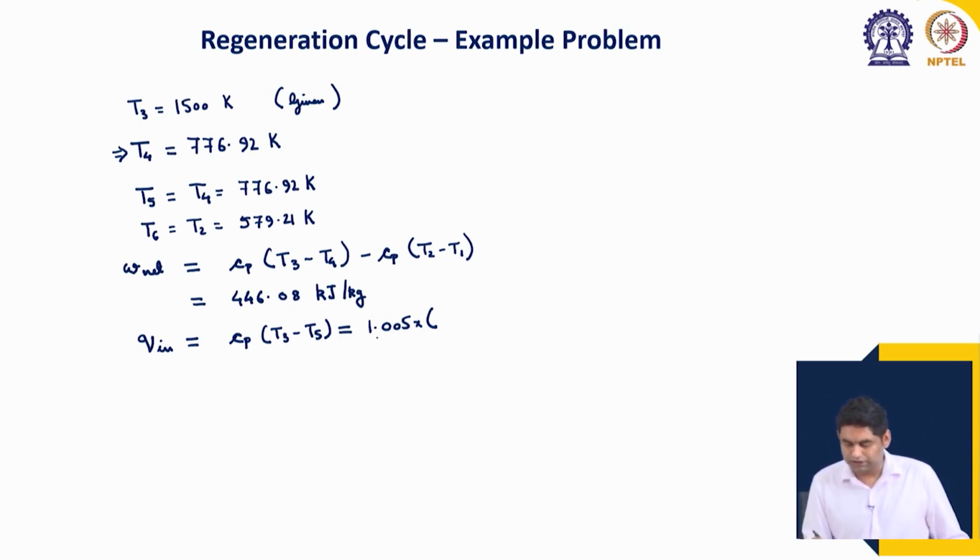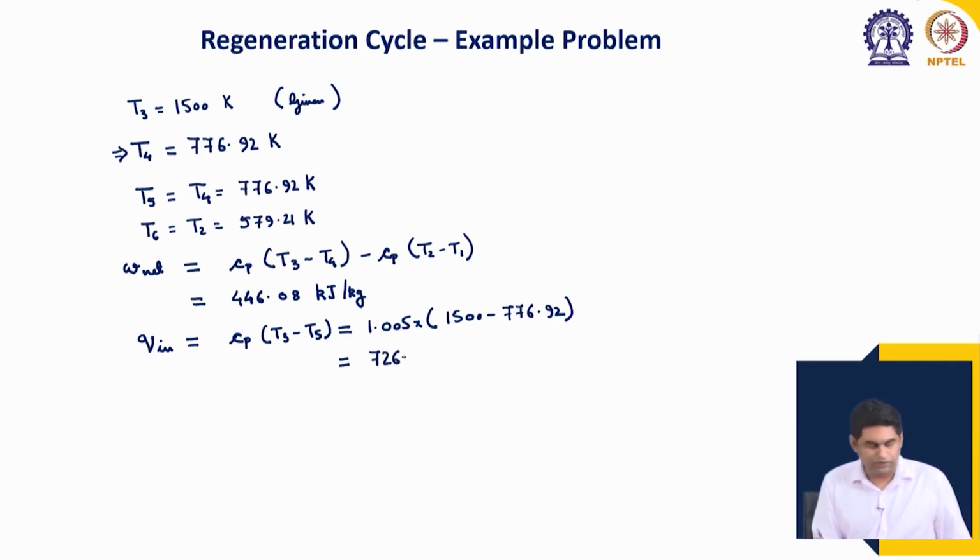So, W net and Q in will come in terms of kilojoule per kg. 1.005 times 1500 minus 776.92 gives us a value of 726.69 kilojoule per kg.